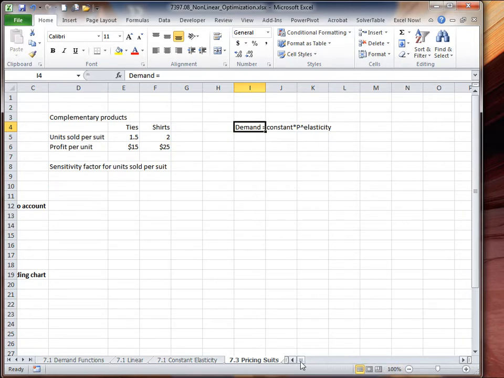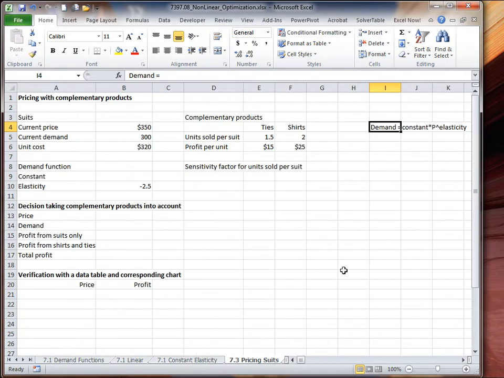All right. Okay. So if that's our equation, then what we know from the problem statement is 300 is equal to some constant times the current price, which is 350, raised to the elasticity, which is minus 2.5, right?